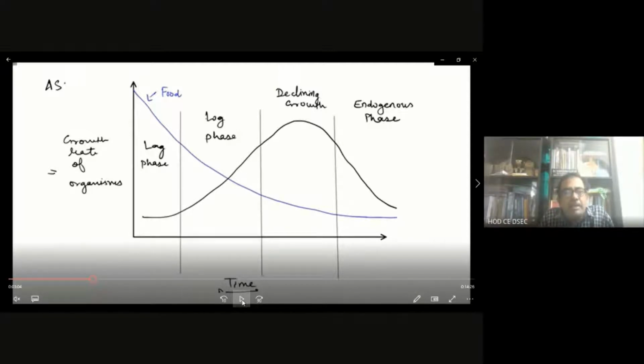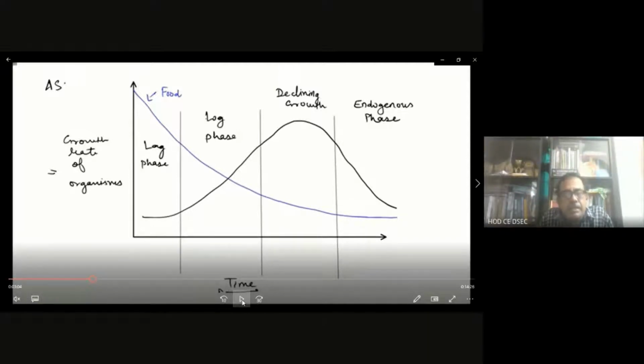Now the first stage is the lag phase, the second stage is the log phase, the third stage is declining growth, and the fourth one is the endogenous phase, that you can see from this diagram. Now I will first define what is the log phase.